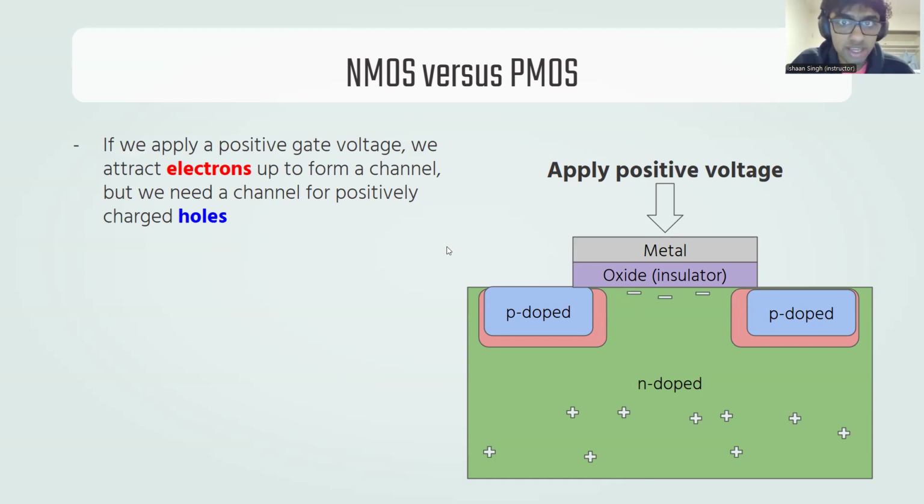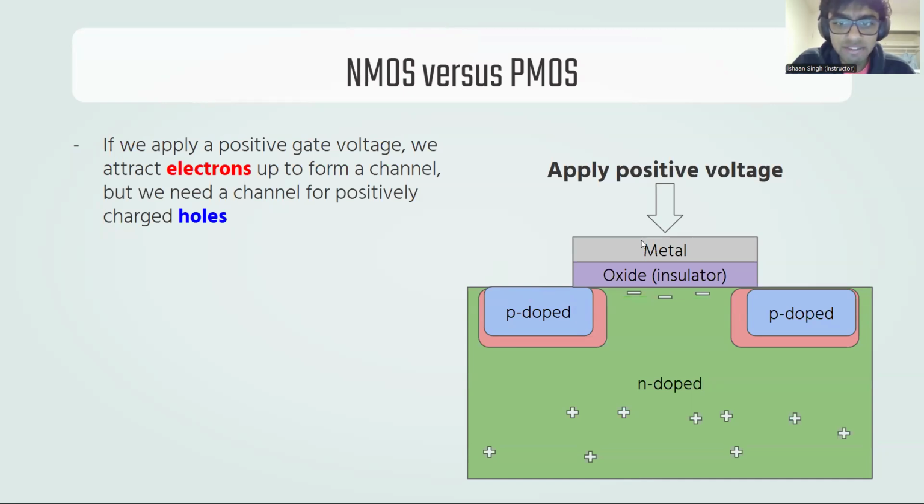But that doesn't do anything. We don't form a channel here because what we want to flow are positive charges, okay? Not negatives, because that's what we have a ton of in these p-doped regions. So just forming a channel of negative charges up here doesn't do anything. That's useless for us, okay?